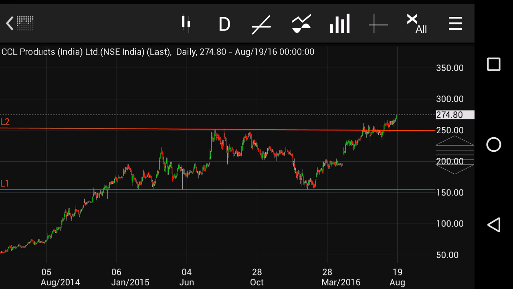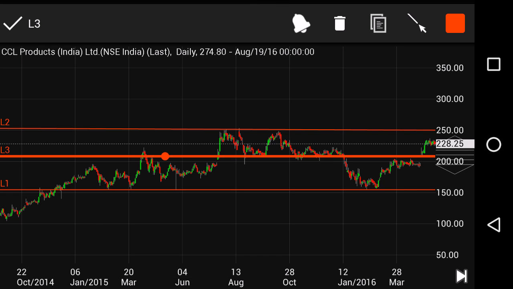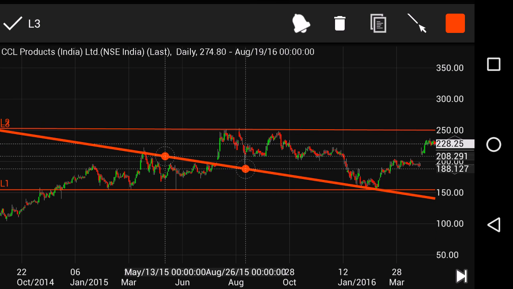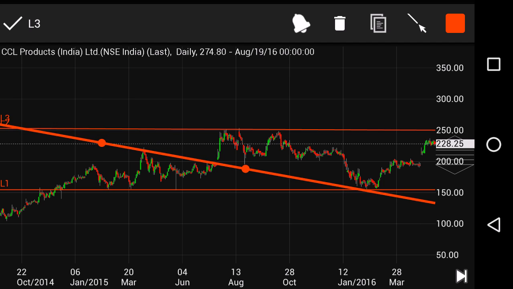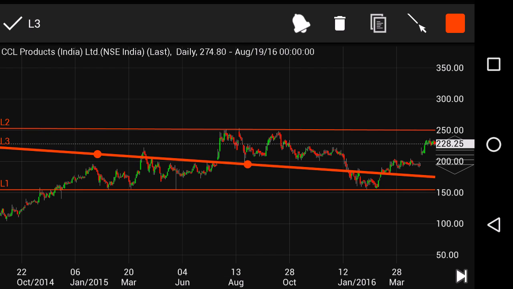And yeah, there are n number of patterns formed on the stock before also. Here it had a triangle breakout. Keep learning, keep practicing, you will be able to learn.